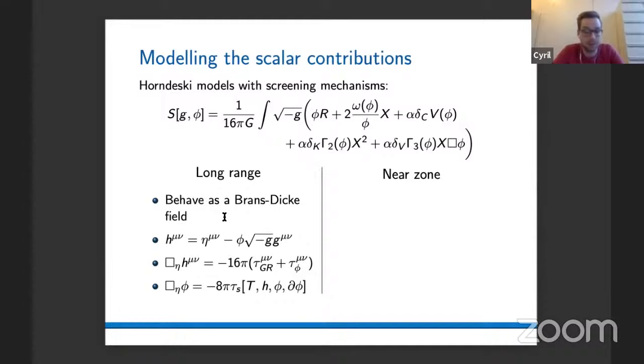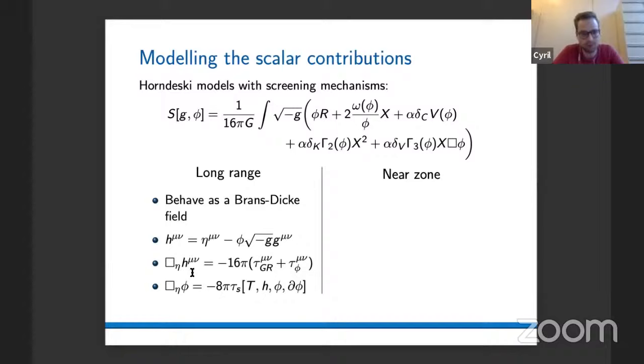And what is nice is that in the case of Brans-Dicke, so if you only consider those first two terms, you can also find a wave equation for the gravitational field and the scalar field by using this change of variable. So we have just a scalar field here in the expression of the gravitational field.